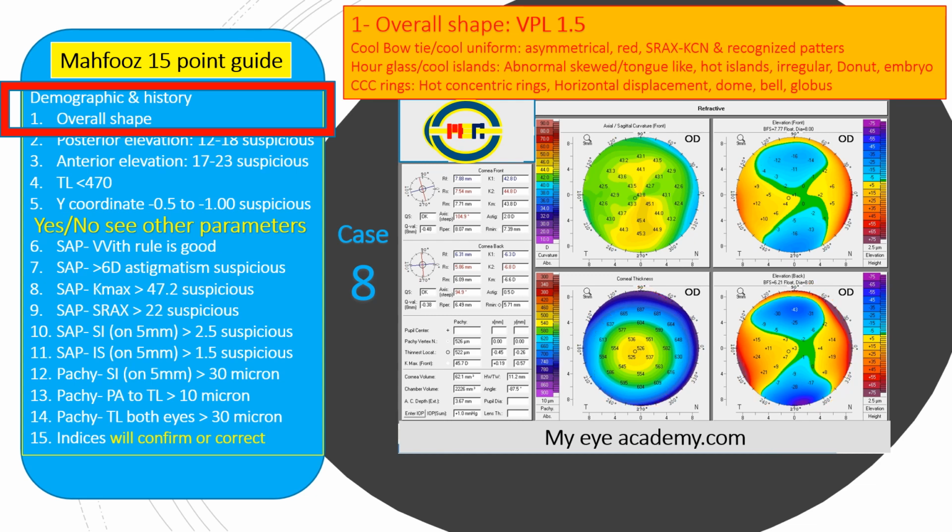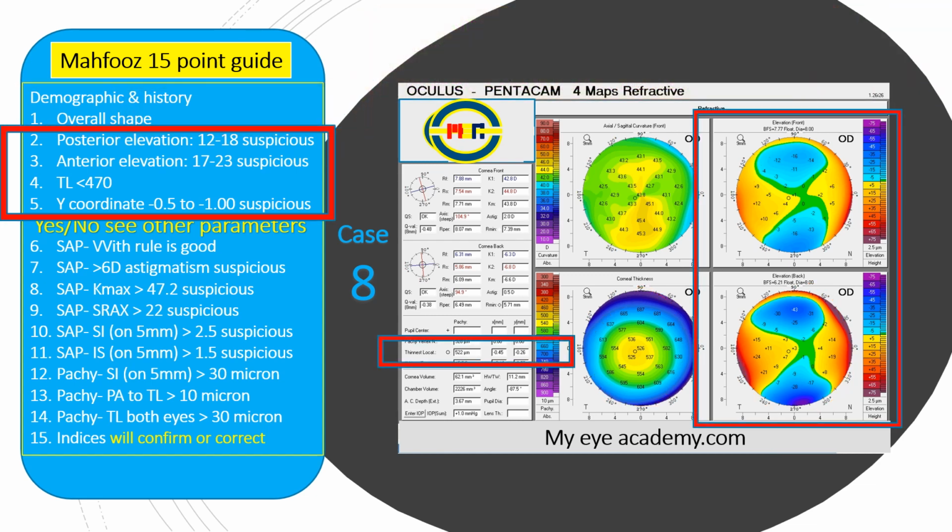Let's see the other parameters. Posterior elevation and anterior elevation are within the normal range, and thinnest location and y coordinate are within the normal range, so it's most probably a normal cornea with slight asymmetry of the anterior surface.